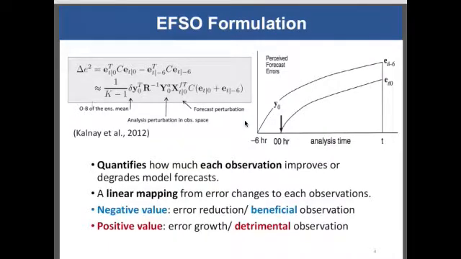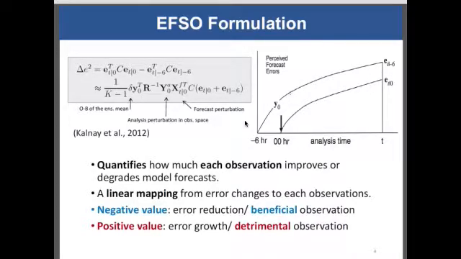So here's the formulation of EFSO. The concept is that when you have a forecast starting from 6 hours earlier, and then you assimilate your data at this time, the only difference between the forecasts, and we verify the forecast at this time t, it can be any time, is that you assimilate these observations here.